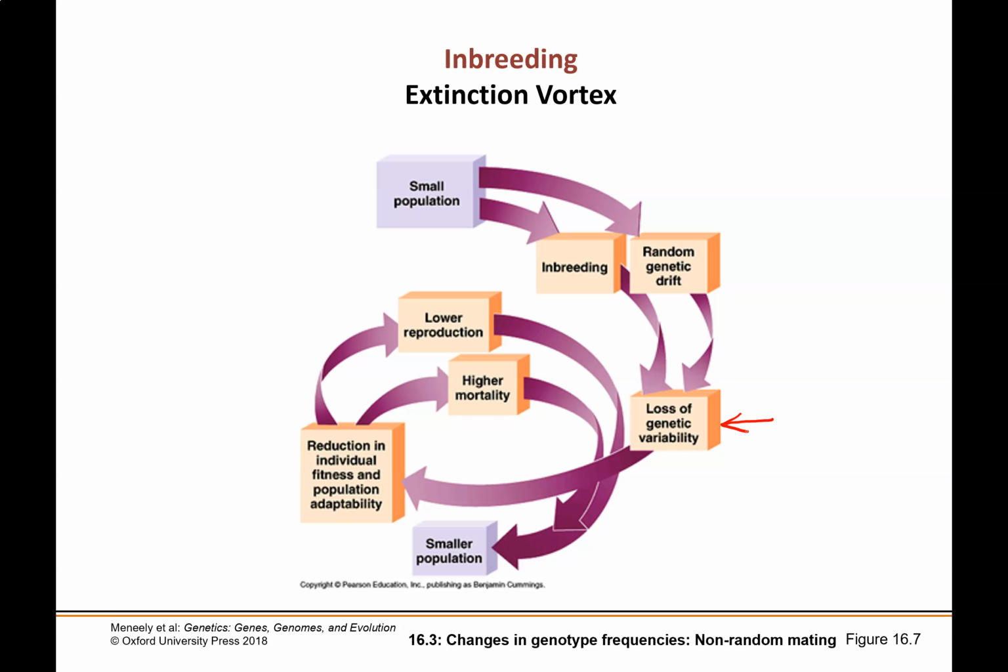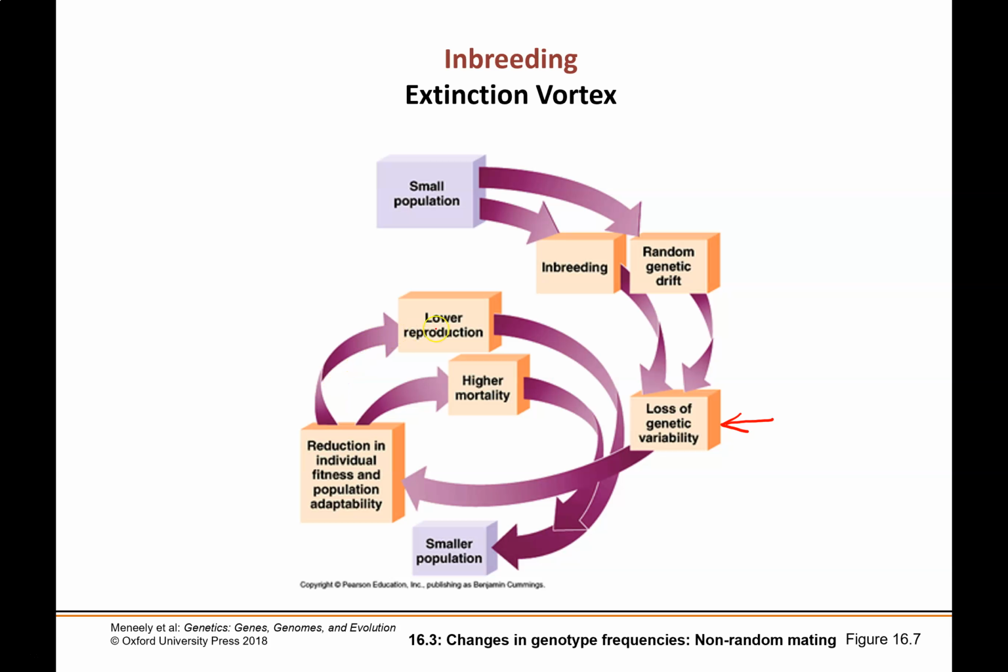You're also going to have a reduction in fitness because those deleterious alleles are going to end up increasing in the population because they're not being kept low by large population size. So because of this loss of genetic variability, you're going to have a reduction in individual fitness and the ability of the population to adapt.